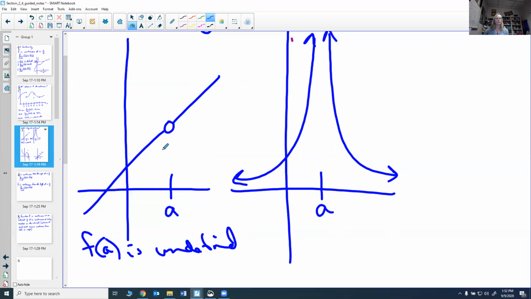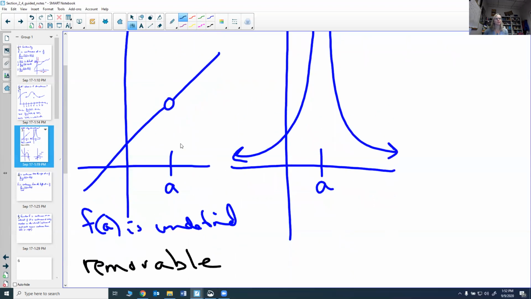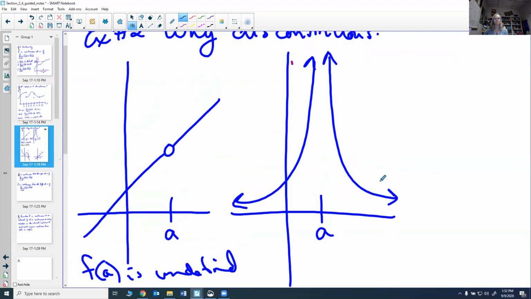So that means that this is what we call removable, because I could, in fact, create a way to make this discontinuity point go away. So we call this removable because I could, in fact, make it be continuous by just defining my function to be some value. That's why we call this undefined, because I could define it to be something.